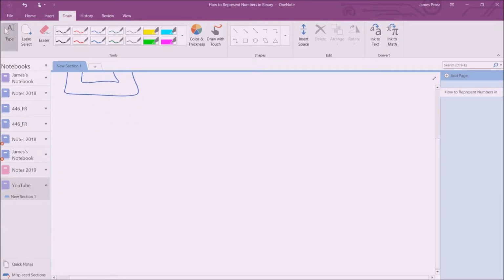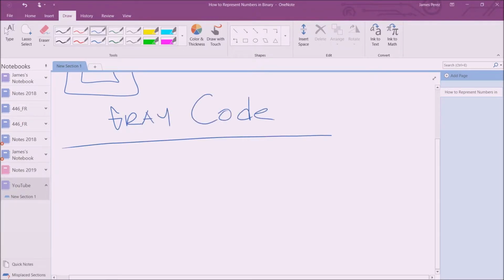So binary is based on something called gray code. What is gray code?